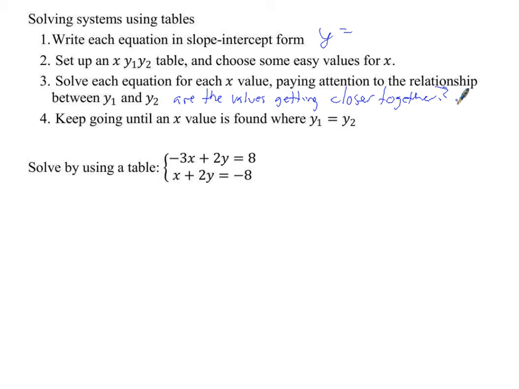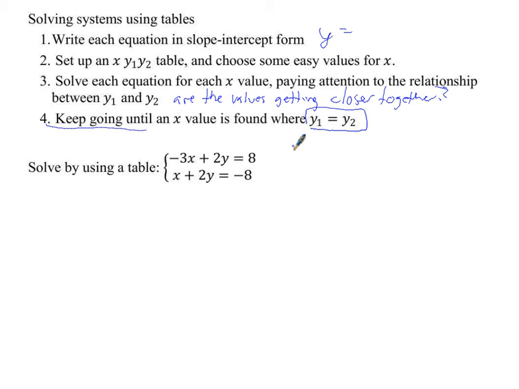If they're getting closer together, then I'm checking x values going in the correct direction. If not, then I need to reverse my direction and go the other way. So then you're going to keep going until an x value is found where your y1 and y2s are equal to each other. At that point, you'll have your ordered pair, the x value that you plugged in and the y values that you got.